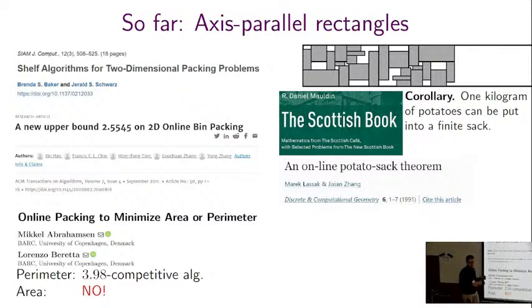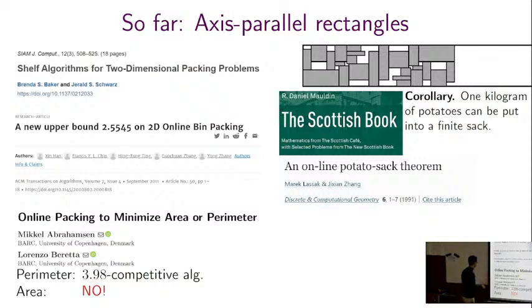Yeah. So far in this context of online packing problems, it had only been studied how to do axis-parallel rectangles, and that had been studied for a long time. So here is a paper from the 80s with a strip packing algorithm with constant competitive ratio, and then bin packing.